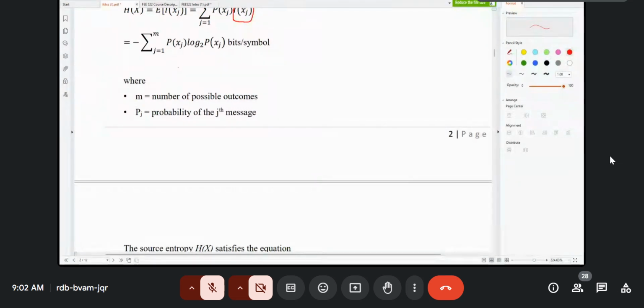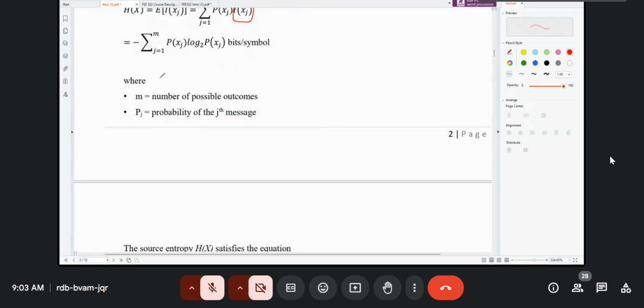So m gives you the total symbols. For the alphabet, the symbols are 26, but of course there are many other symbols, commas, full stops, capital letters, small letters, so there are more than 26.